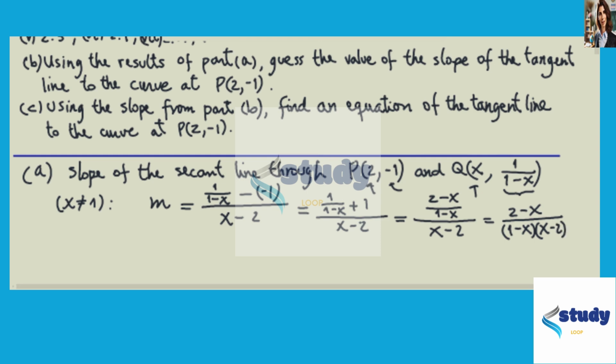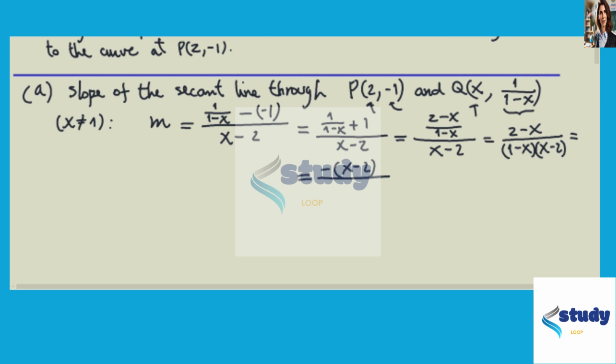And we notice that in the numerator we can take a common factor -1 out, and then this is -(x minus 2) over (1 minus x) times (x minus 2).